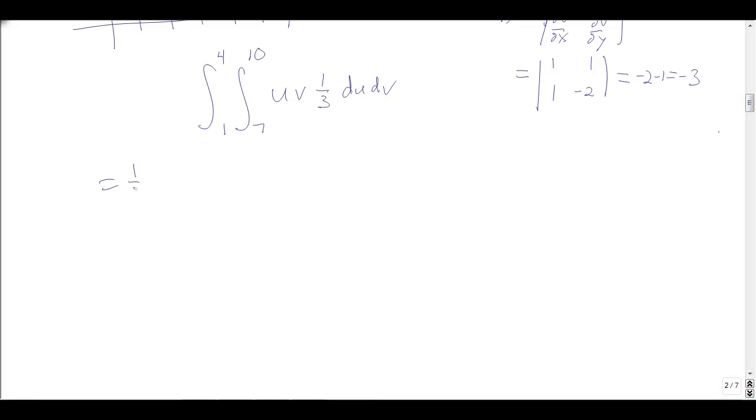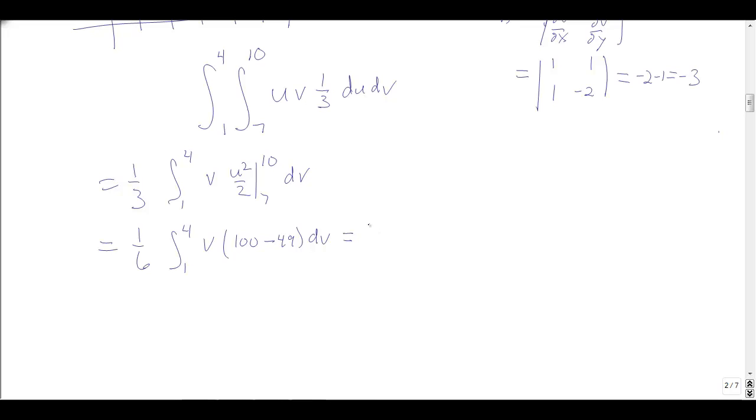So this is a 1/3. Want to integrate with respect to u, I'm going to get v times u squared over 2, u goes from 7 to 10, dv. Let's say I'm going to pull the 2 out and get a 1/6. Integral 1 to 4. Let's see, v times 10 squared is 100, minus 7 squared is 49.